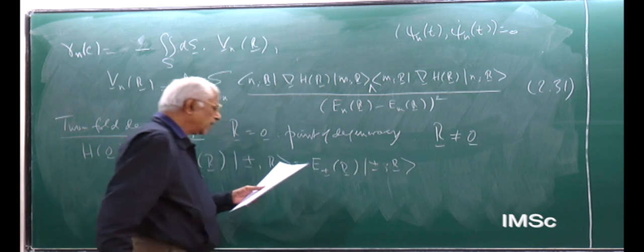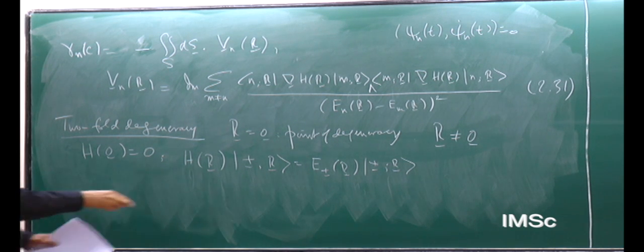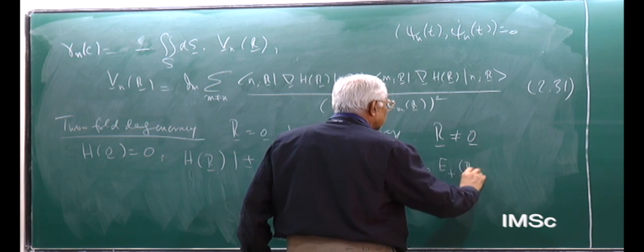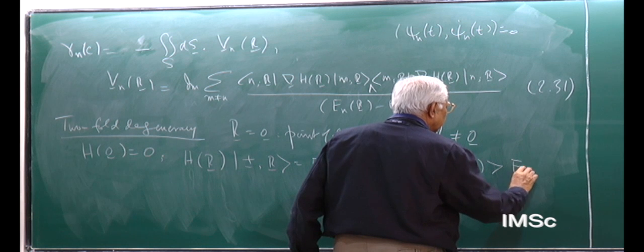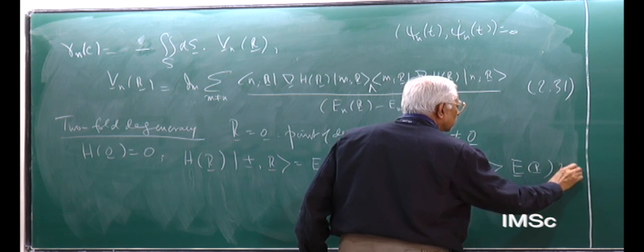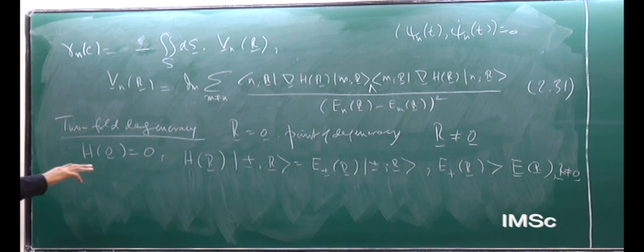At points away from the point of degeneracy, at each r not equal to 0, there is an eigenfunction with eigenvalue E plus, another with eigenvalue E minus, and because of no crossing, we can say that everywhere in the region, E plus is always higher than E minus.